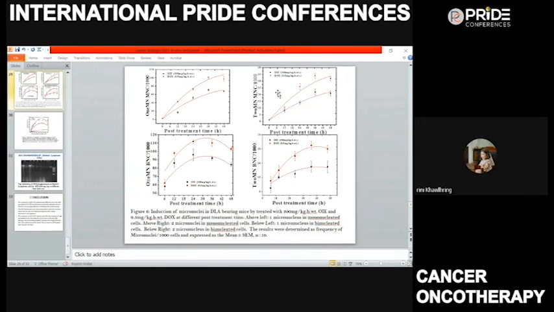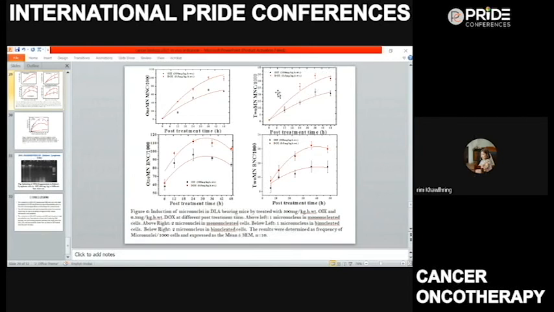So this slide gives the result for micronucleus in the Dalton's lymphoma bearing mice after treatment with the optimum dose, and the best extract, which was 300 mg per kg body weight of the ethanol extract.